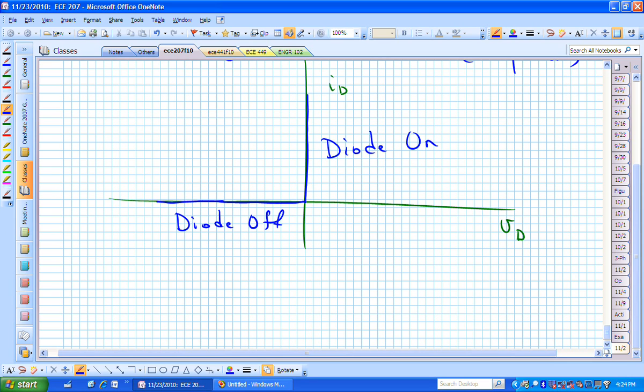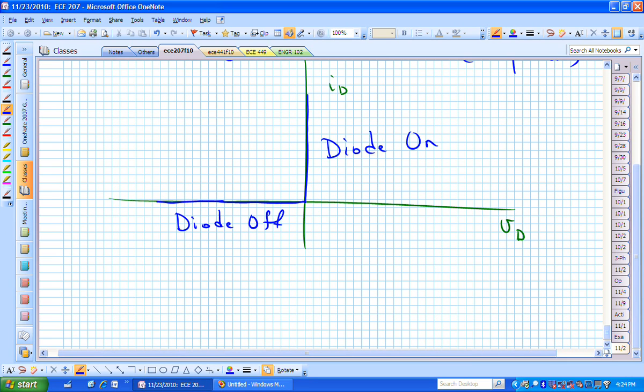And to analyze diode circuits, a lot of times this might be an effective way to go. Just say, oh, if the diode voltage as we have labeled it or defined it is positive, then I'm just going to treat the diode like a wire. It'll have any current flowing through it and there's no voltage drop across it.